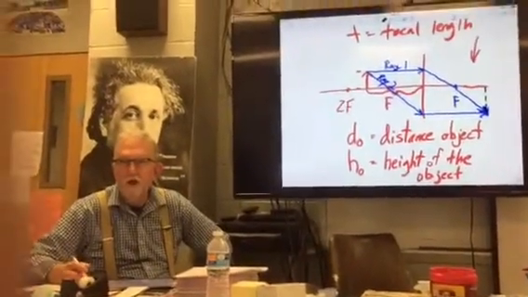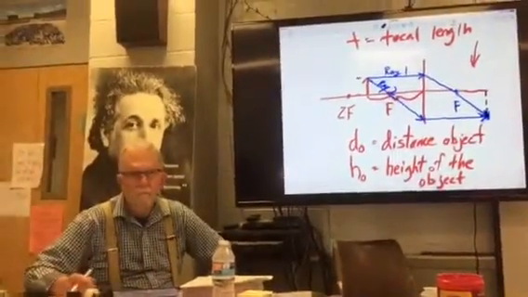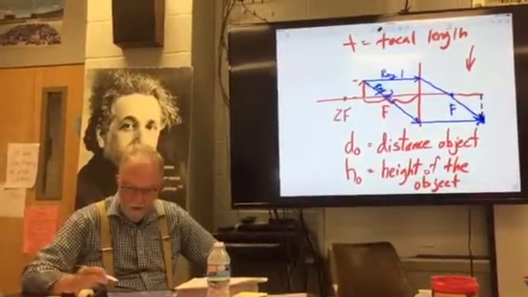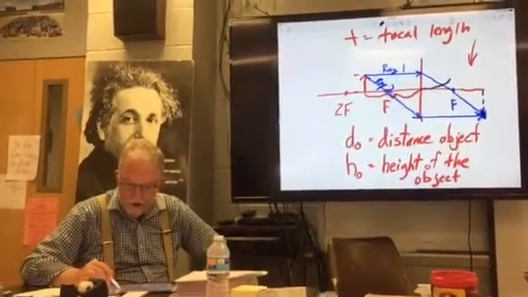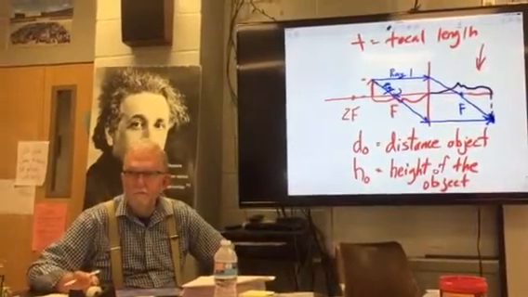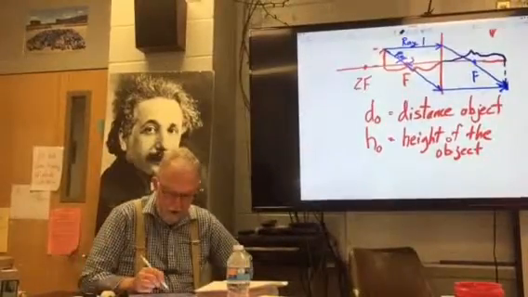And as you can see, it's upside down. And you can then get your ruler and you can measure this distance right here. And what do you think you call that? Distance of image. Distance of image. Excellent. D sub I.